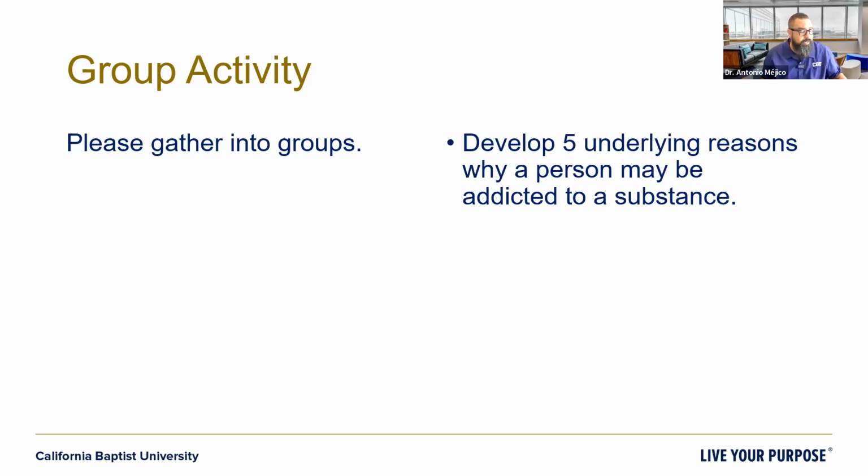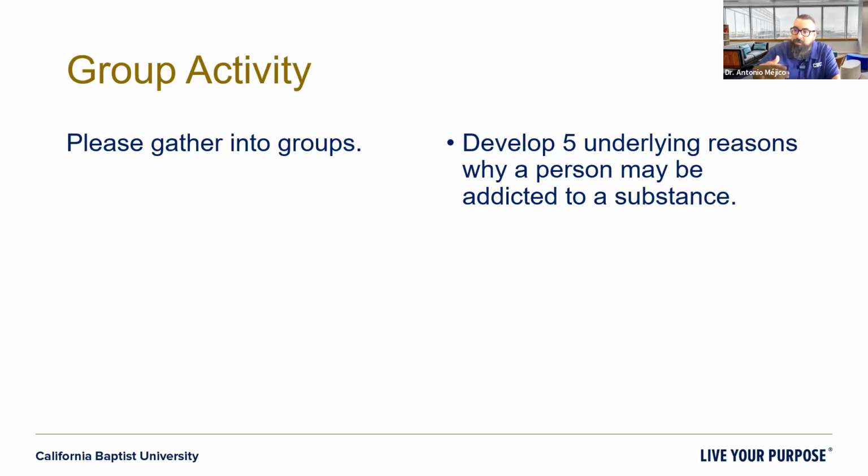All right, so once you've got those 5 down, let's go ahead and pick up. You've got your 5 reasons why an individual may be addicted to substances. Now, we're actually going to look at this very question, and we're going to answer it aligned with our theorists. So, for example, we're going to look at psychoanalysis, and we're going to say, what would our psychodynamic theorists say is the reason why a person may be addicted to substances?